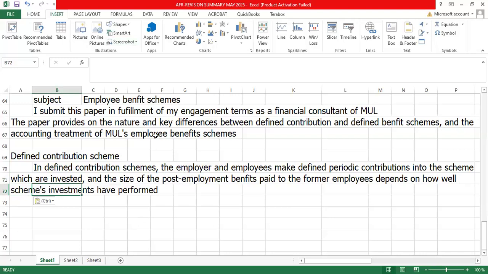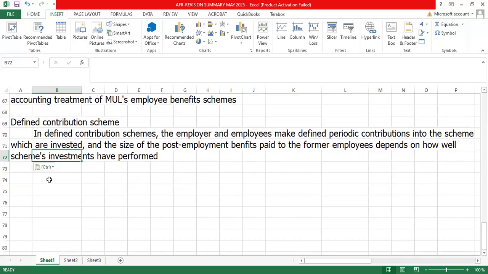NSSF will have to go ahead and invest that money on your behalf. That's why last year, I think some of you received an interest. The interest was good, around 11 point something. It was a good interest. So it all depends on how the investments have performed.